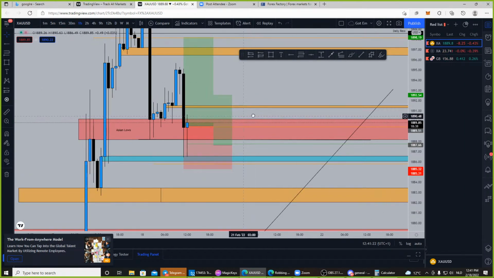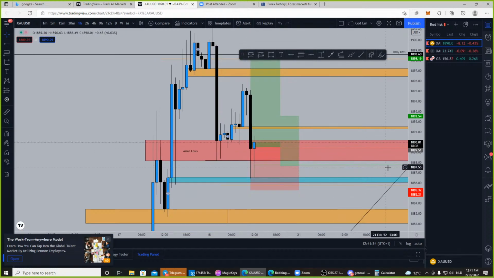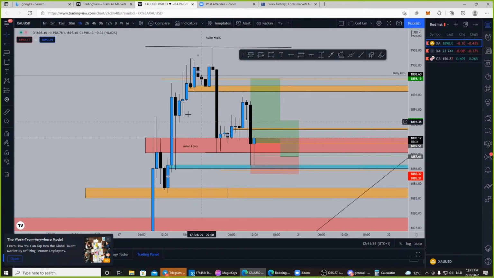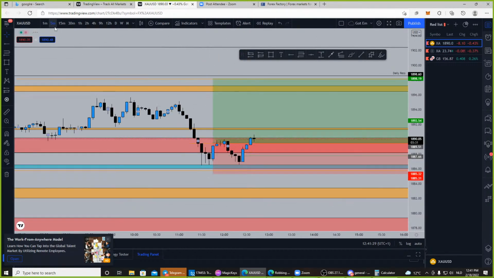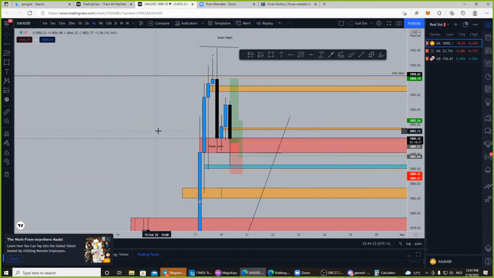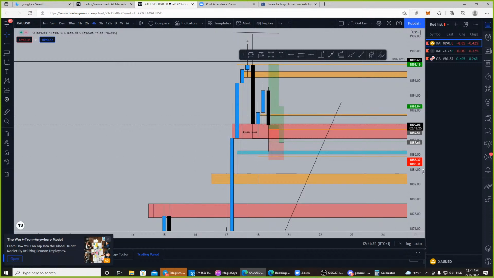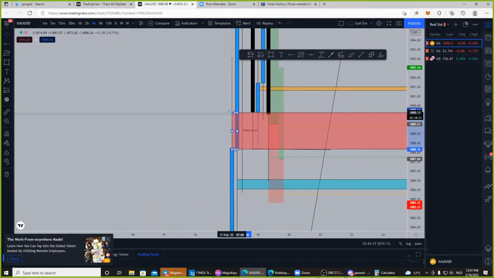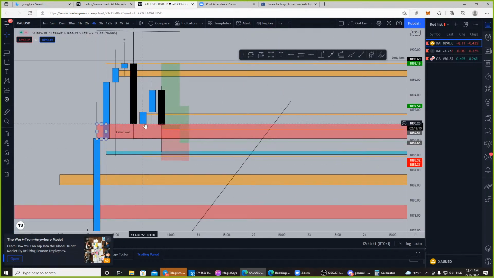Now, what's very crucial here is the 1 hour candle. The 1 hour candle is going to decide if this trade is going to be a winner or a loser for me, right? Because in all honesty, our main goal is to close above this support.